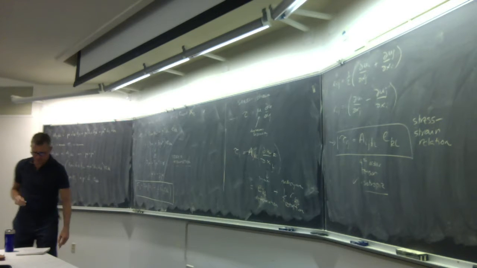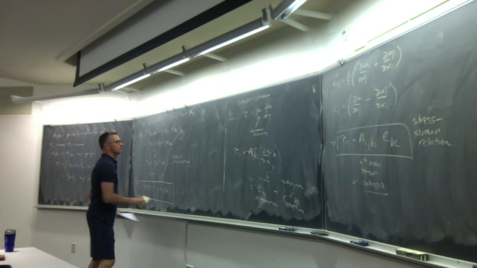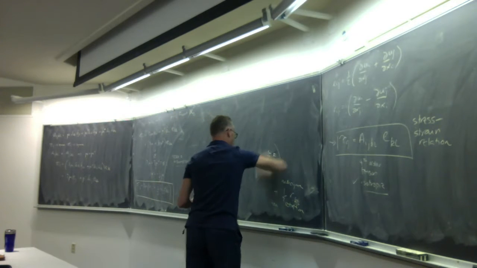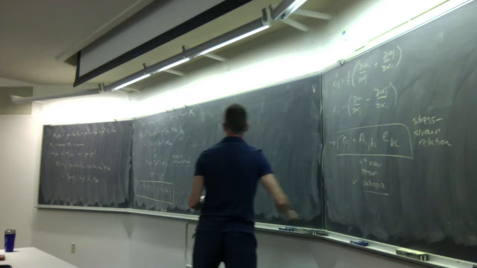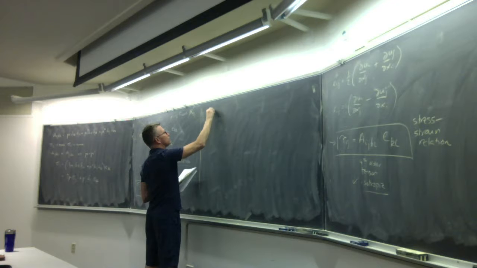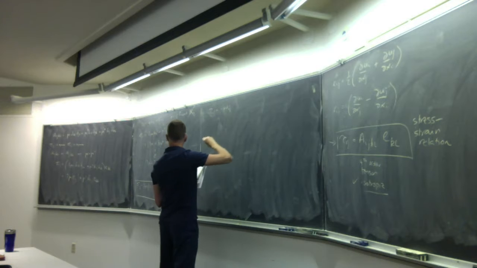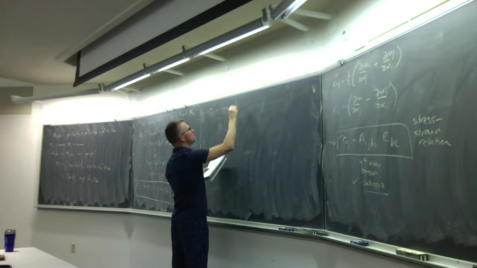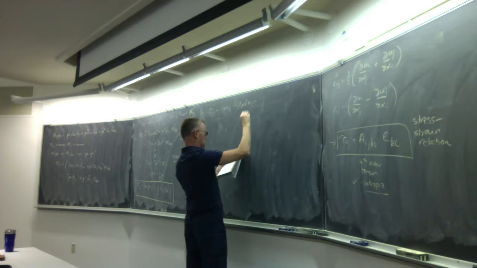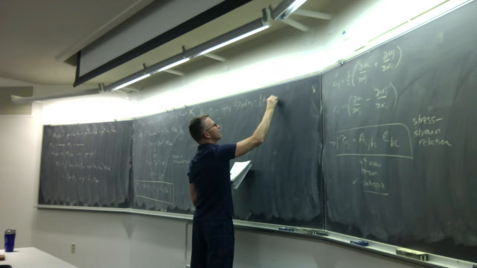What is good about this? Well, actually, let's keep going and just write down the thing that we were ultimately interested in. What we're ultimately interested in is tau, right? Tau ij is equal to minus p delta ij, and then plus 2u times (e_ij minus 1/3 delta ij e_kk).